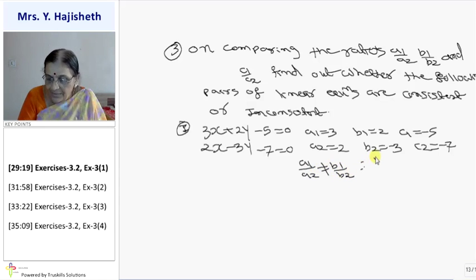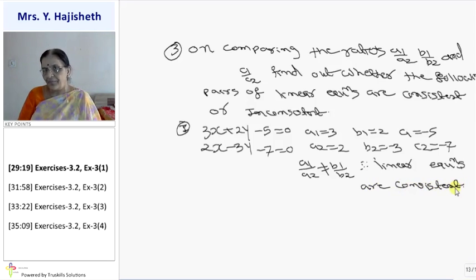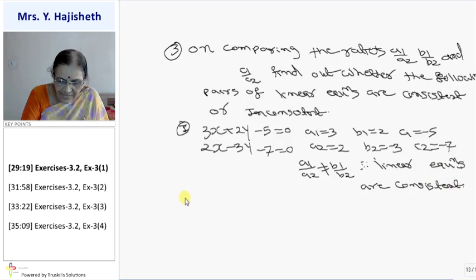Therefore, the linear equations are consistent. Answer as the question is asked. If they asked about the graph, we would write that the graph intersects at a unique point. Here they ask you to check whether they are consistent or not. So they are consistent.